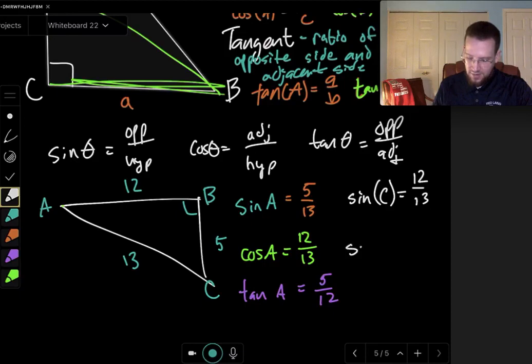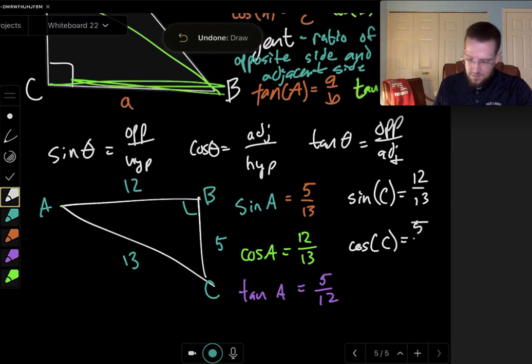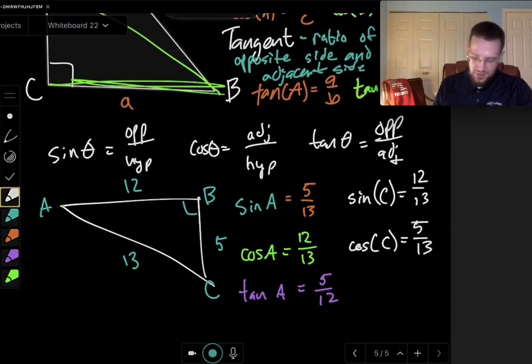The cosine of angle C is the adjacent, so that's 5, and the hypotenuse is unchanged. And the tangent of angle C is the opposite, 12, over the adjacent, 5.